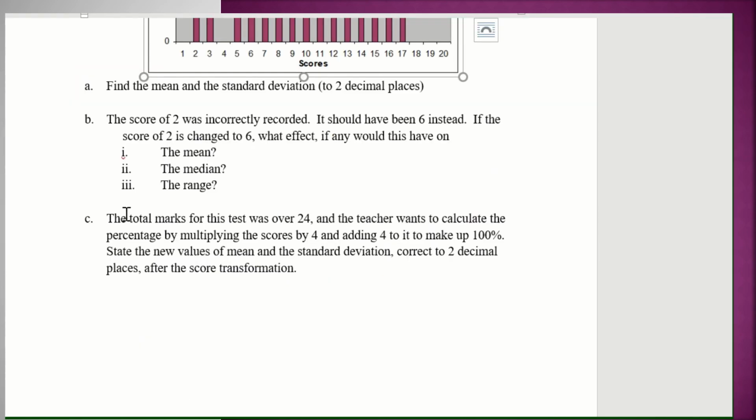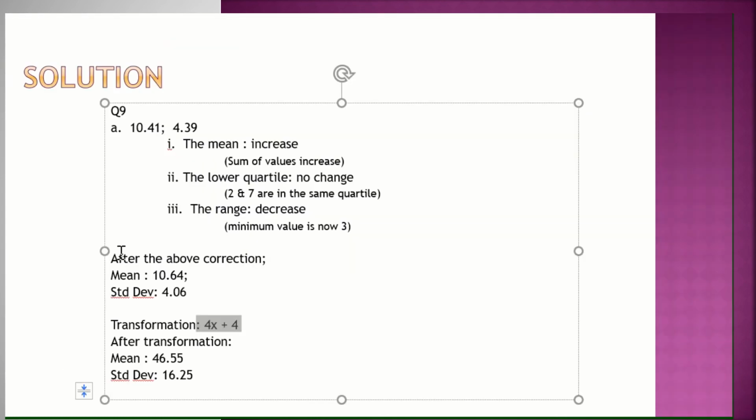So first of all, you need to do the correction first. So you need to find a new mean and standard deviation after the correction that we were talking about just now. This is your new mean and standard deviation. And you are going to apply this transformation on it. So to 10.64, you times 4 plus 4. To the standard deviation, you only times 4. No plus 4 because standard deviation, no effect, plus and minus.